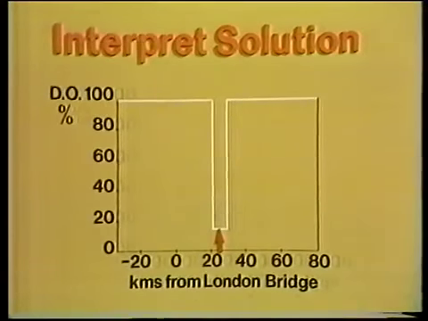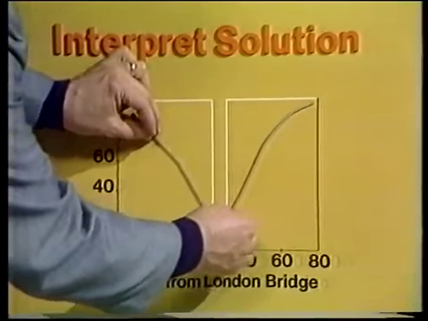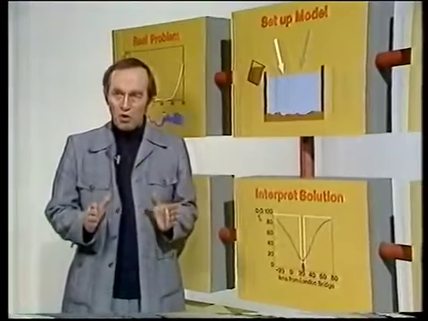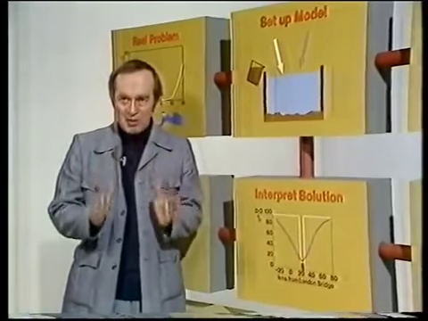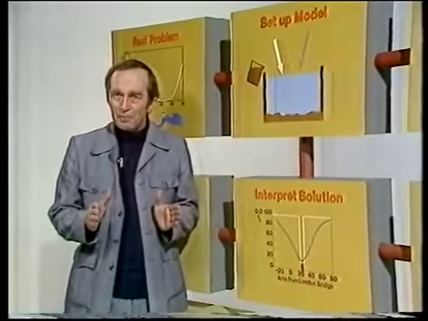But that doesn't look awfully like the sort of sag curves that we saw before, which look much more like that. And I think the reason is fairly obvious. We've got the river divided up into segments, and they are completely separated from each other.